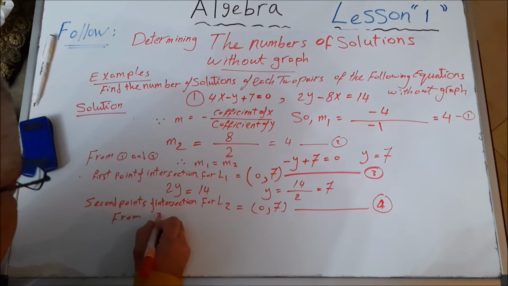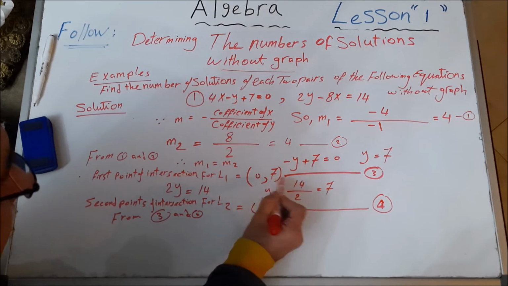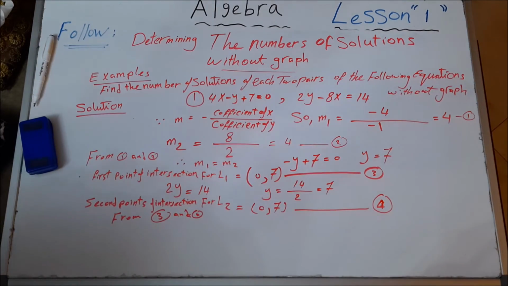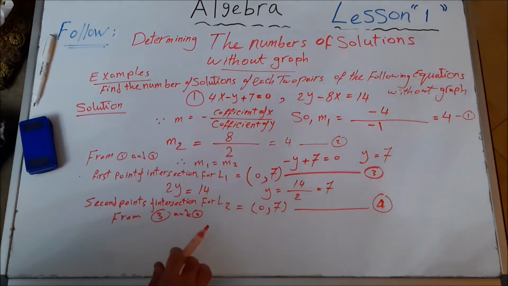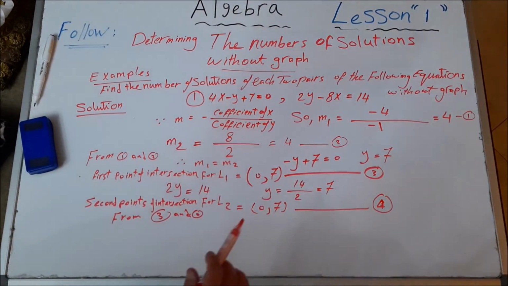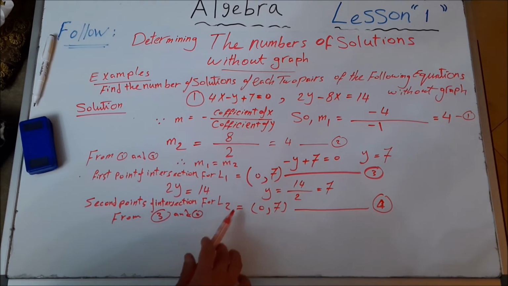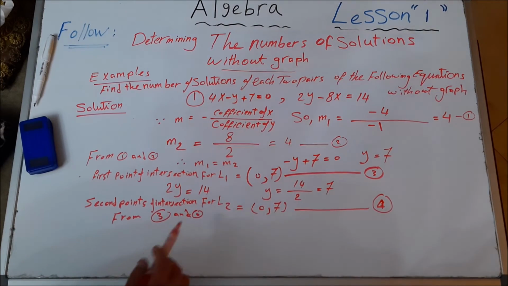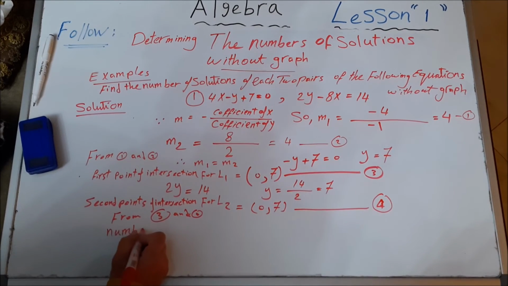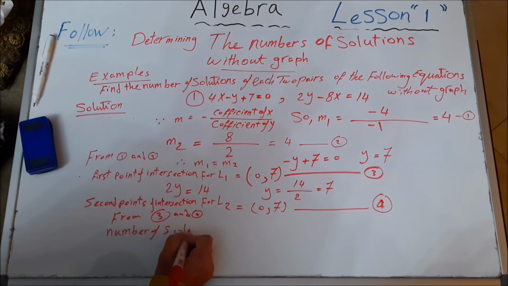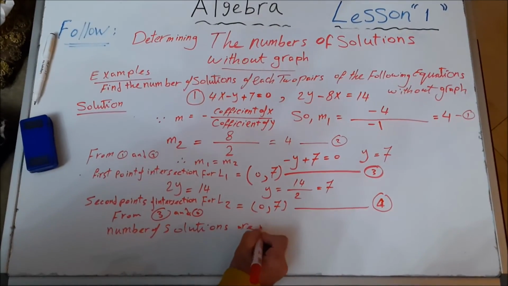From 3 and 4, the result is the two points of intersection of the two straight lines are equal. For L1 equal 0 and 7. For L2 equal 0 and 7. In this case we can say that the number of solutions are infinite number.